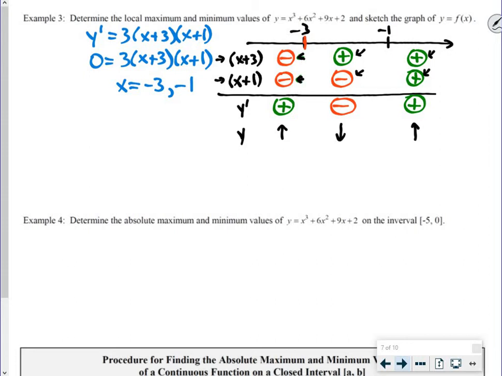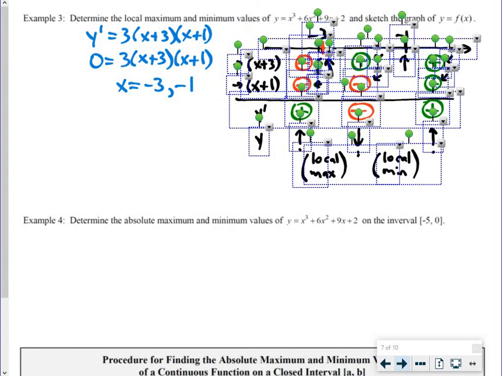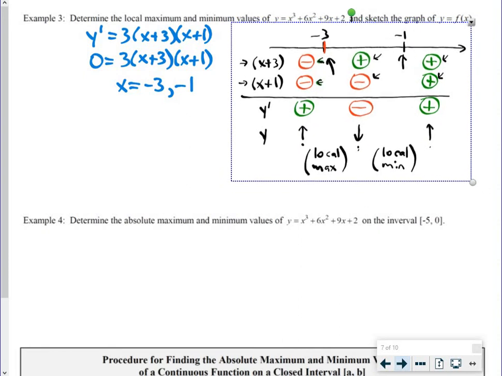If we're going from increasing to decreasing, there's going to be a local max potentially there. And if we're going from decreasing to increasing, I'd expect there to be a local min at that particular point, and at that particular point, we would expect a local max. We need to figure out now what the coordinates of those points are.